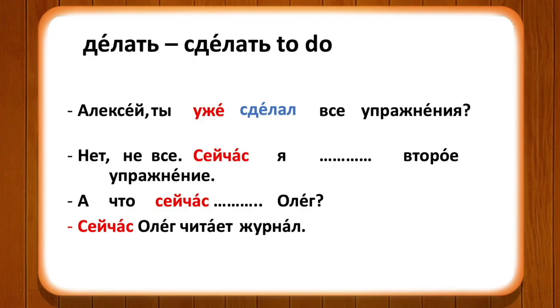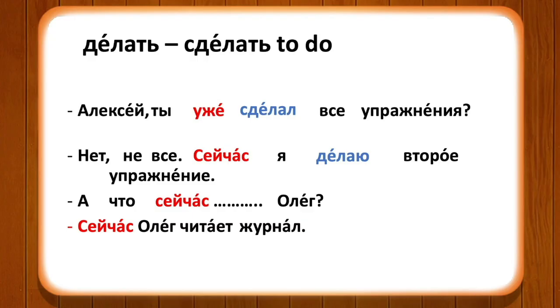To denote an action which is in progress in present we use a verb of imperfective aspect. So делать will be used, conjugated according to the pronoun я. So сейчас я делаю второе упражнение. Right now I am doing the second exercise.